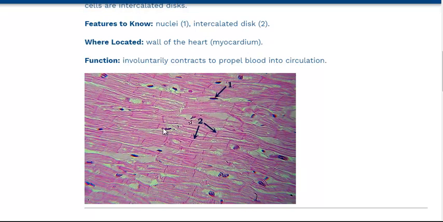Looks like somebody's taken a rubber band and grabbed a handful of these fibers and wrapped it with a rubber band. That's kind of what it looks like to me. And these are called intercalated discs. And you're going to see those in cardiac muscle. So anytime you see these stripes like this, the intercalated disc, you know you're in the heart.